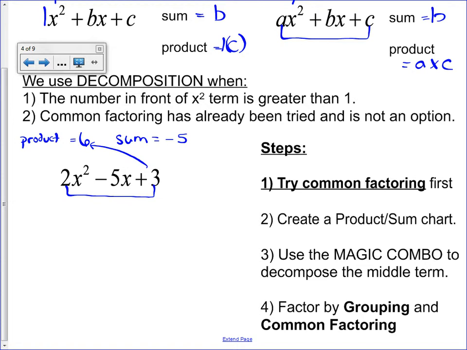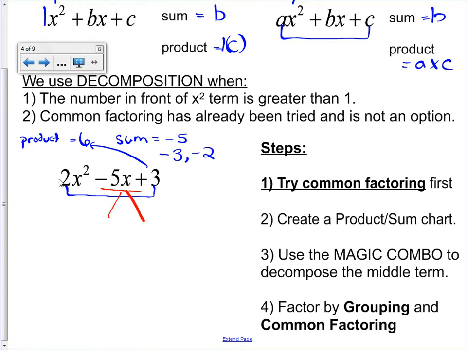So what are my two numbers here? Nick? -3, -2. So that's my pair, -3, -2. Now, to decompose, I'm going to write this in a special way. I'm breaking up this middle term. So instead of writing -5, I'm going to break it up into my magic combination here.